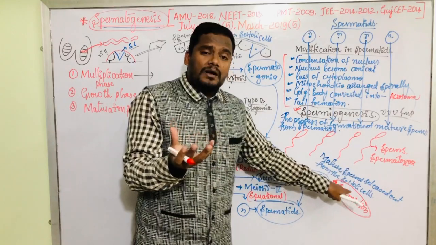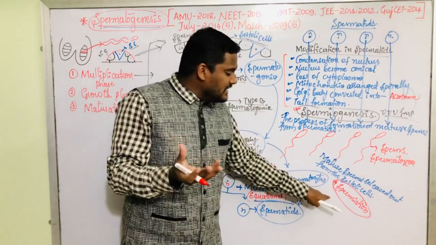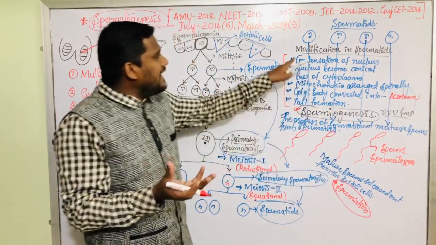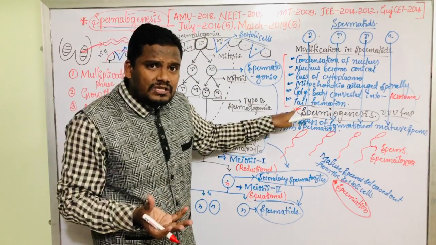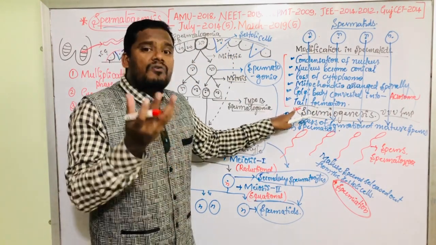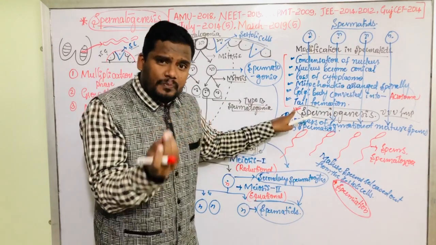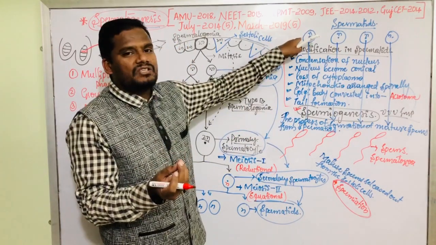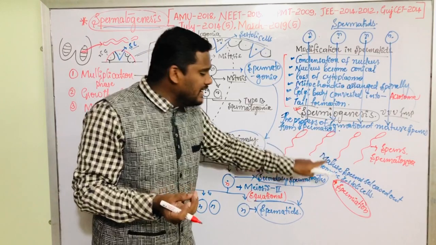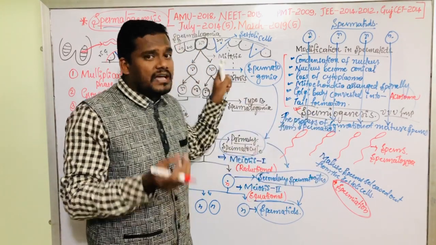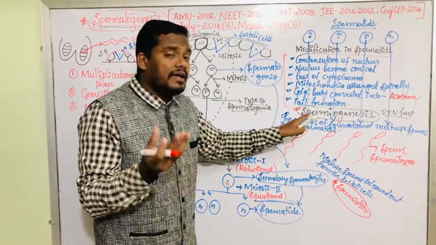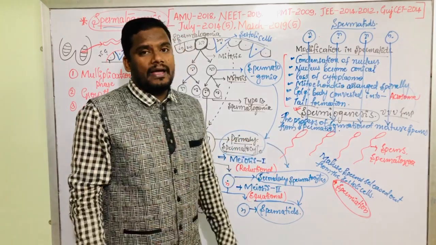Release of mature sperms from the Sertoli cell. What is spermiogenesis? It is a process of formation of mature sperms from the spermatids. Don't get confused between these three definitions. They are very confusing and very important for competitive exams.